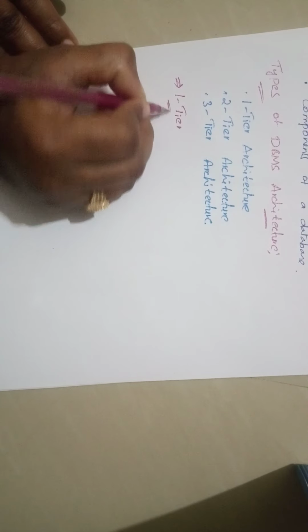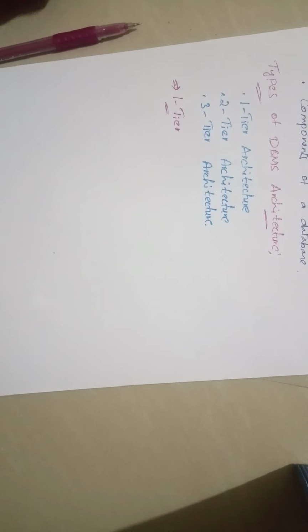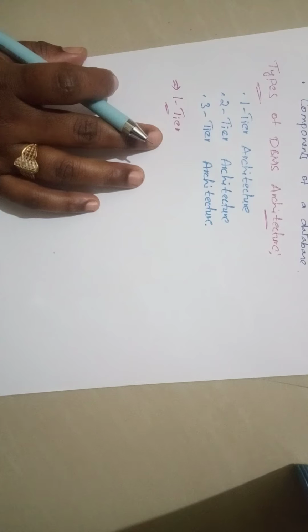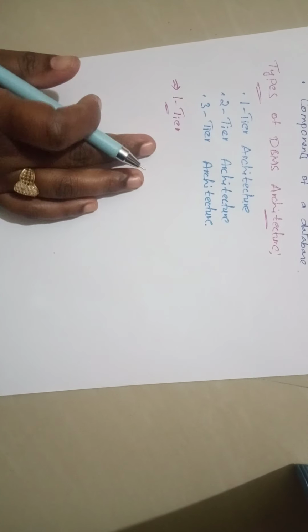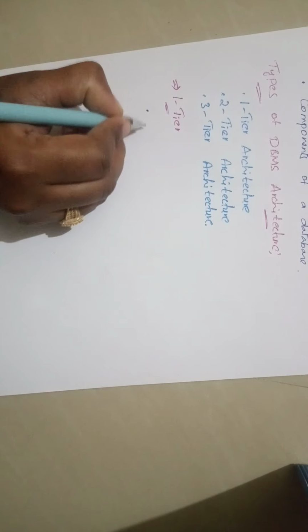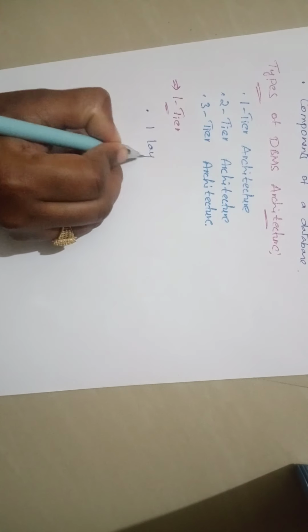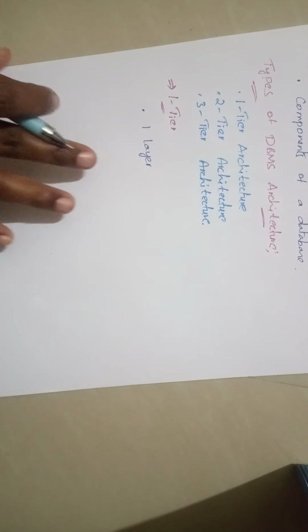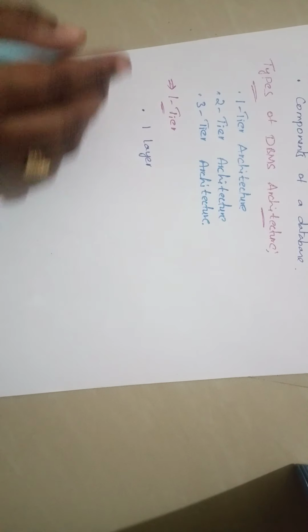One-tier architecture. One tier means one layer, and this is the simplest architecture.